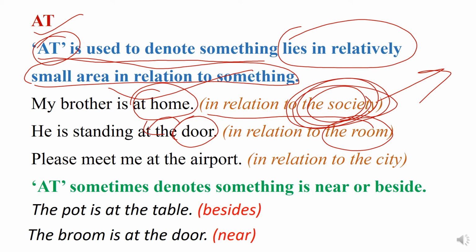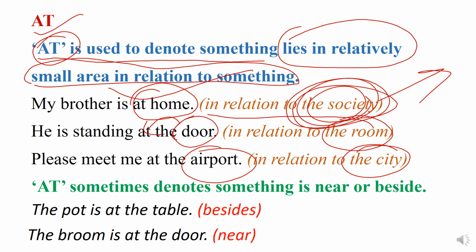Please meet me at the airport. If somebody says that, that person is saying that in relation to city. In relation to city, airport is a small area. That's why, do remember, at as the preposition of place is used in a situation when it is referred in relation to something bigger than what we are talking about.